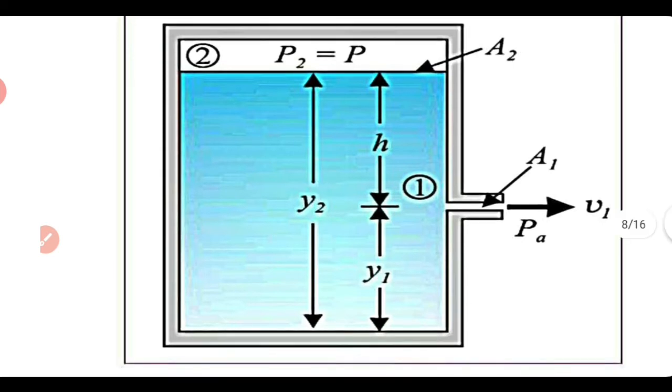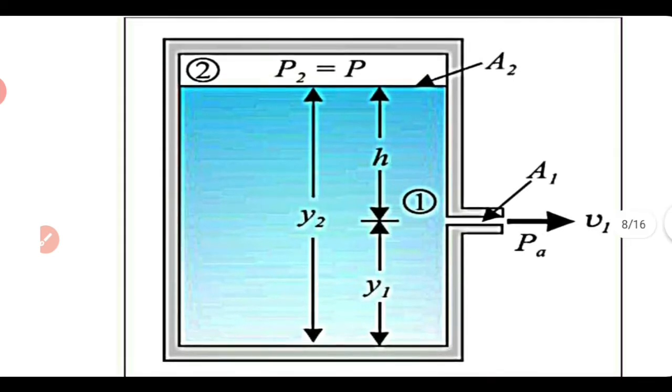Here we take y2 minus y1, the distance of the hole from the top surface in the tank, as h. At the small hole the area is a1, and at the surface the area is a2.